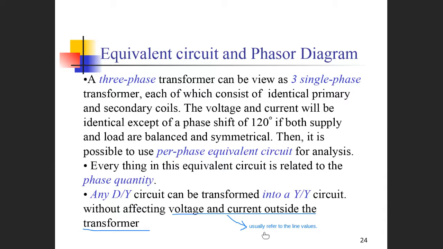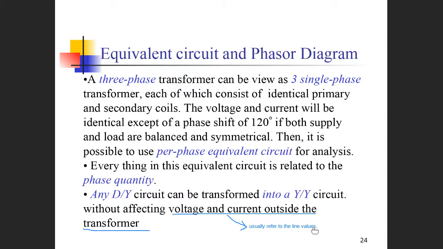So keeping the line values the same, we can use the delta-star equivalent circuit or star-delta circuit to represent each other, as we learned last semester for three-phase systems. That's the meaning of it.